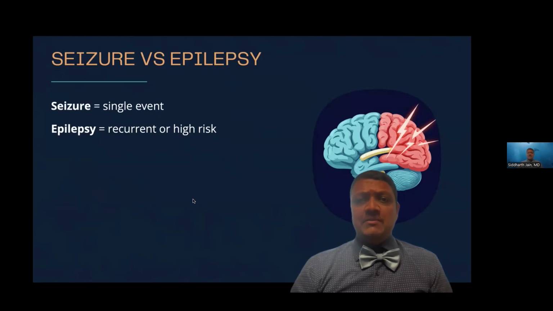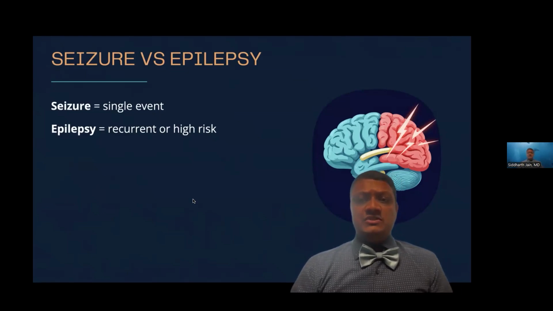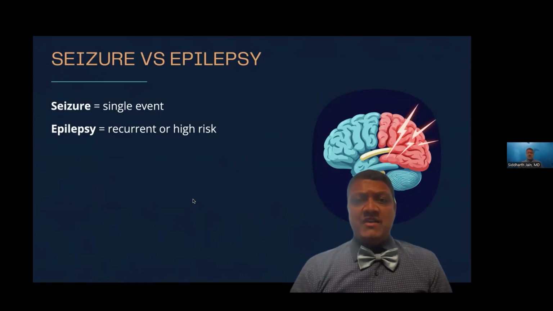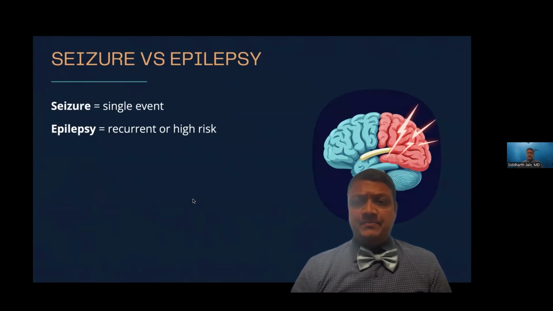In contrast, epilepsy is the underlying disease or condition where an individual experiences recurrent seizures and/or is at high risk of having them in the future. Highlighting these distinctions is crucial for diagnosis and treatment planning.